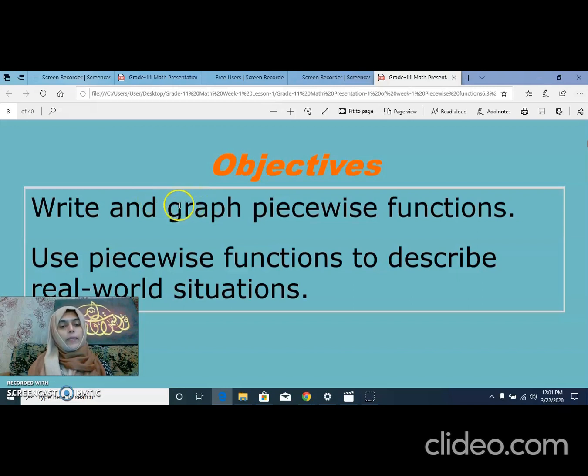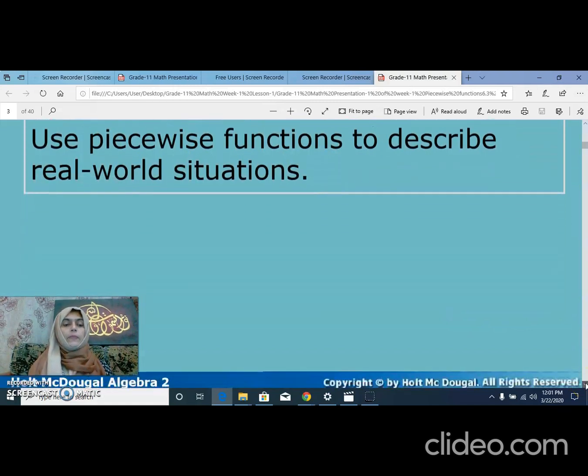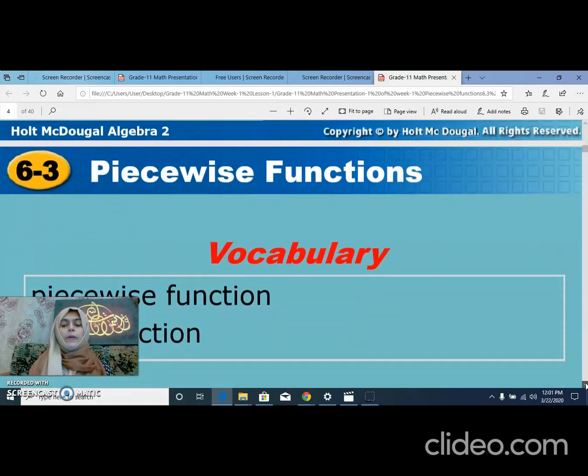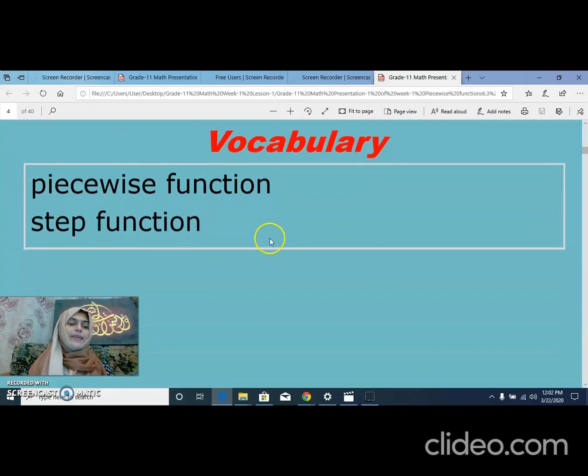After that, we may graph, and definitely we will have some connections to real world problems where we really apply the piecewise function. And the new vocab is piecewise function and step function.